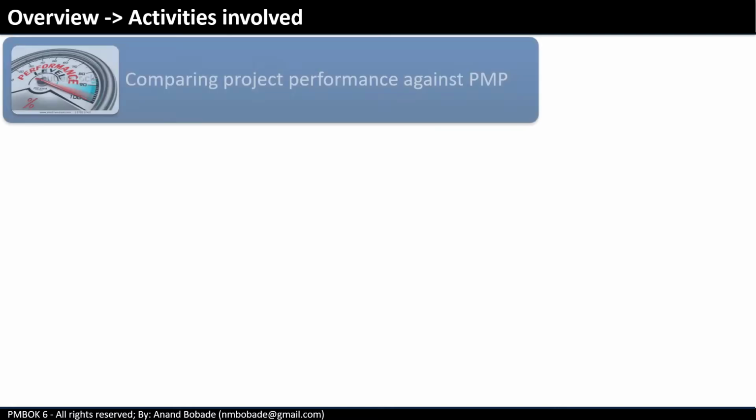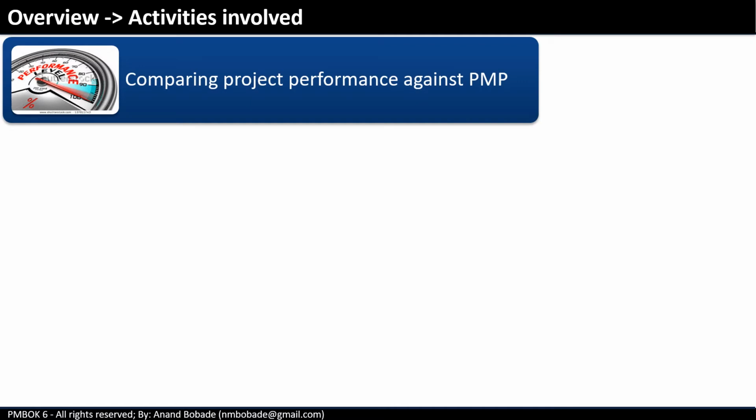The monitoring and controlling process is concerned with various activities. So we'll list out some of the common activities which the project manager has to take care of. First one is comparing actual project performance against the project management plan. There are performance objectives documented and agreed inside the PMP, so you will always be comparing against those performance objectives.